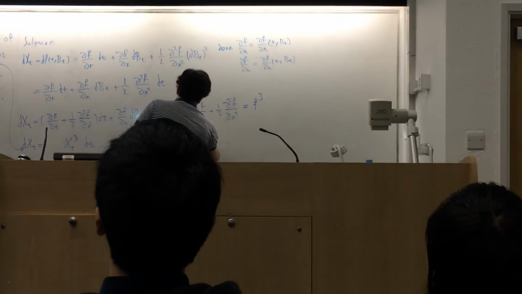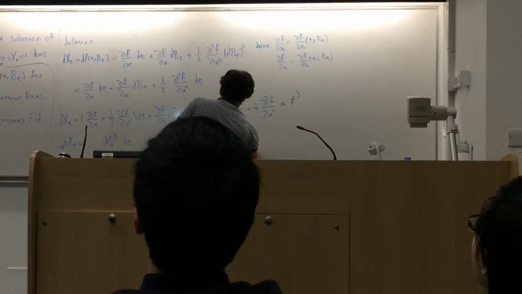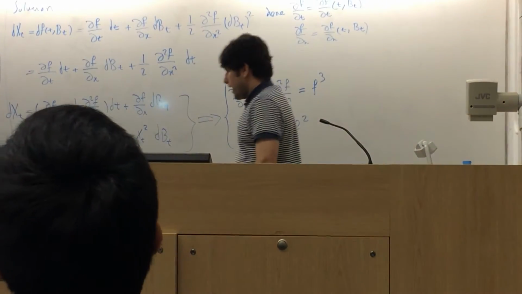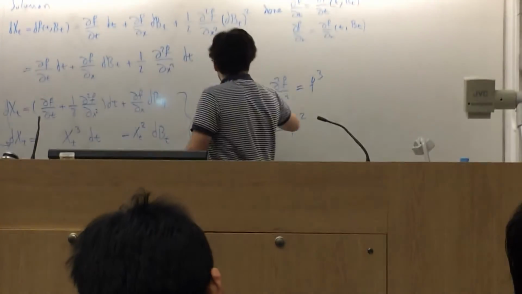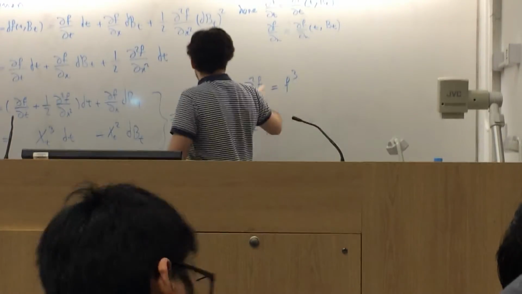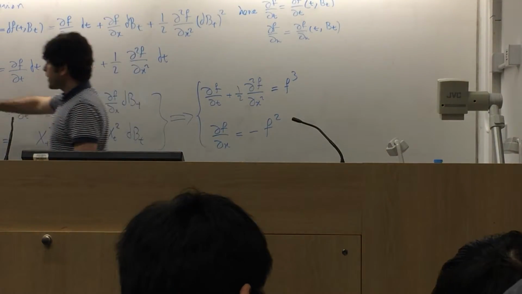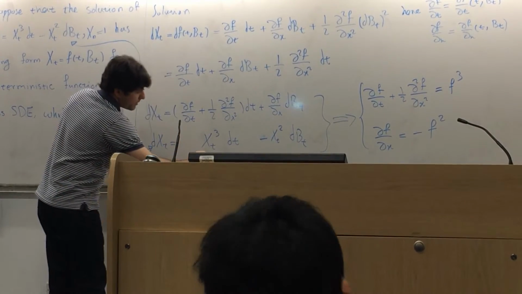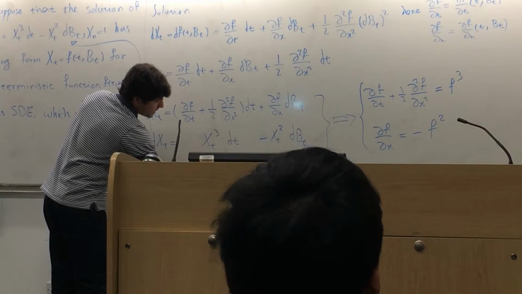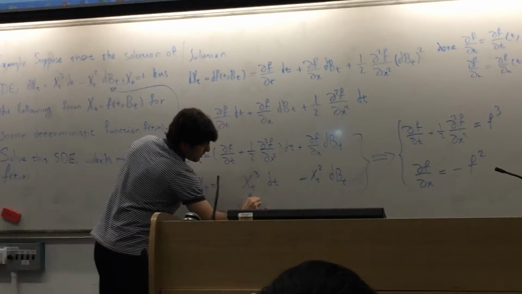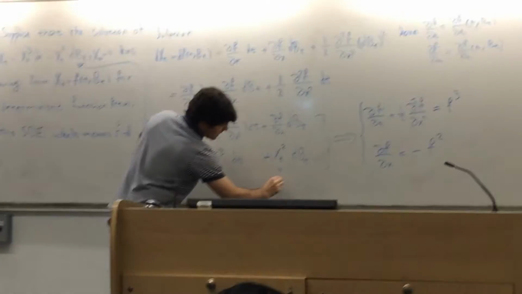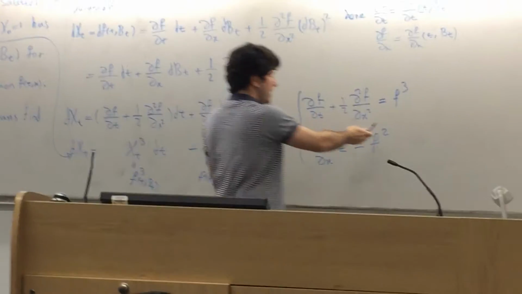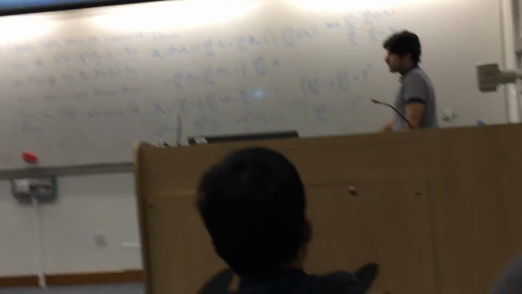The second equation is partial derivative of f with respect to x is equal to minus f squared. And if you're wondering why I replaced x by f here, why I didn't write x cubed, you can write x cubed, but by assumption x is just f, right? So here, this is actually f of t and bt cubed, and this one is f of t and bt squared. We just write as f cubed and f squared. Okay?